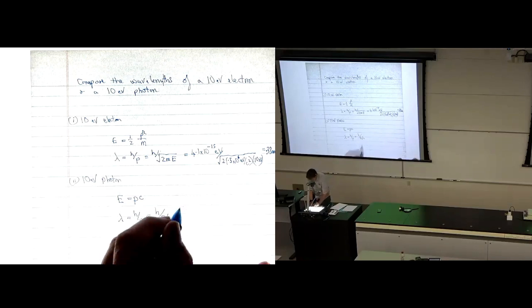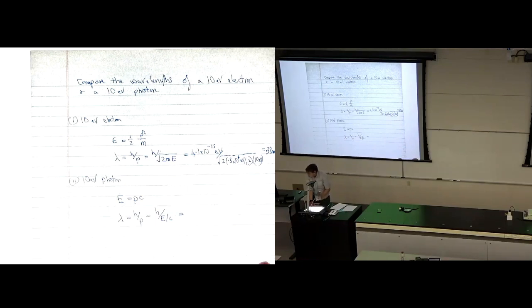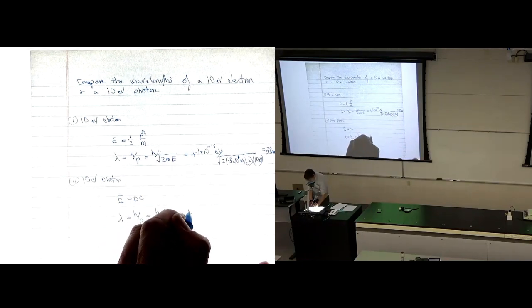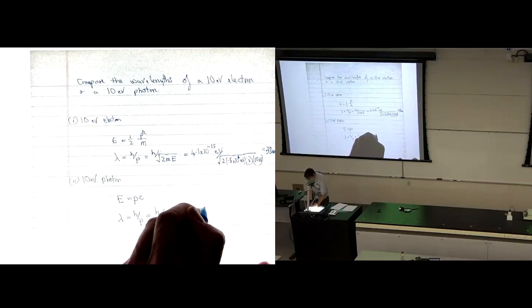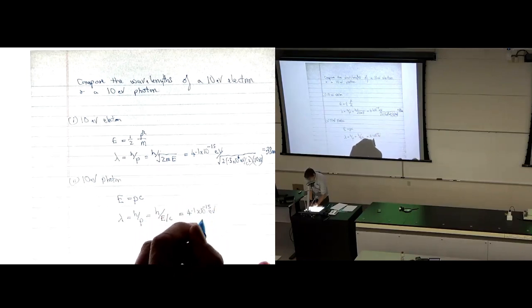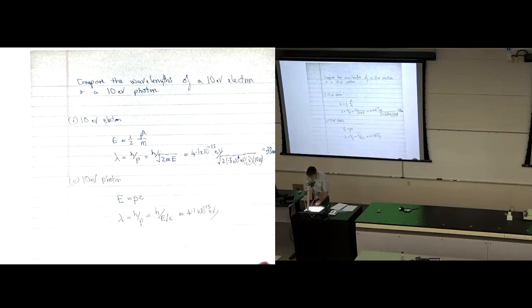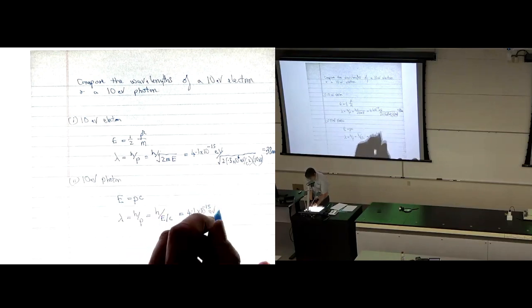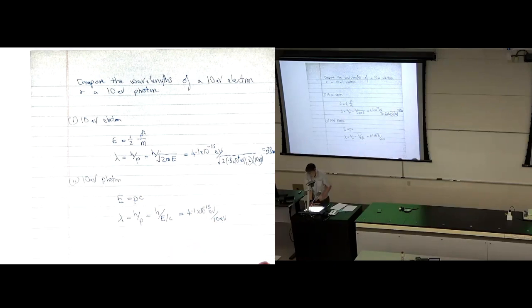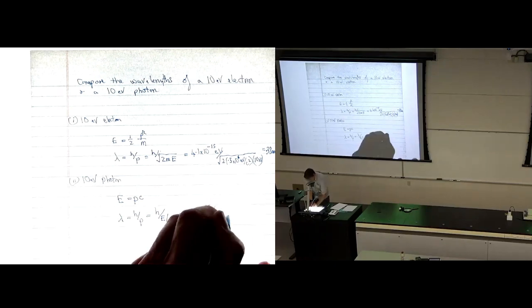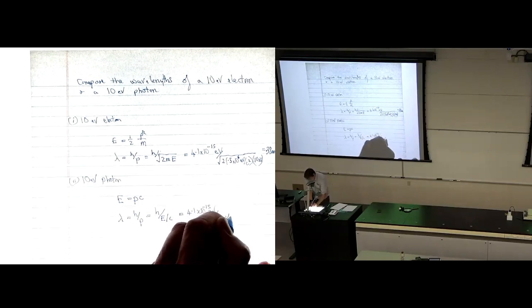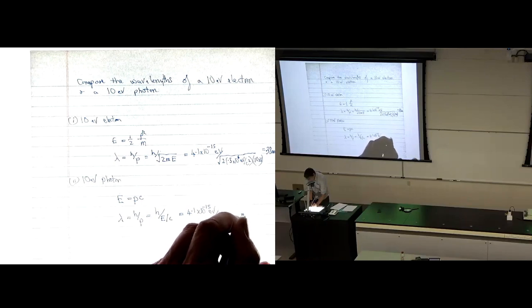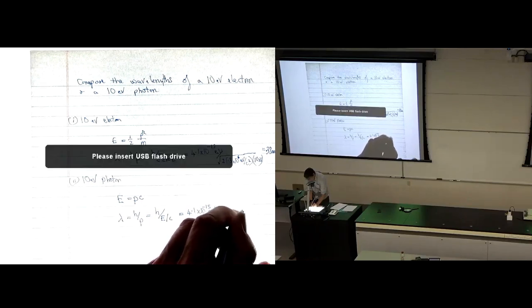And again, if I plug in all these numbers, I'm going to have 4.1 times 10 to the minus 15 electron volt seconds, that's Planck's constant, divided by the energy of the photon, which itself is divided by the speed of light, 3 times 10 to the 8 meters per second.